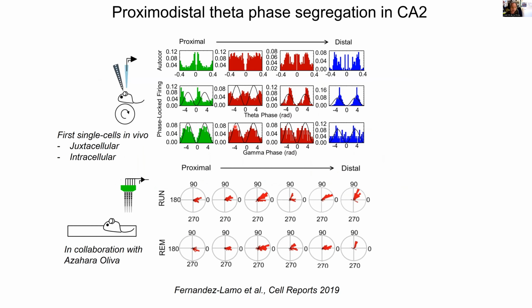The interesting thing is that what we noted with these single cell approaches in vivo was that the expression of theta modulation was strongly different for CA3 cells, CA1 cells, and within the proximal and distal CA2 region. So this is phase locked firing of the different cell types.